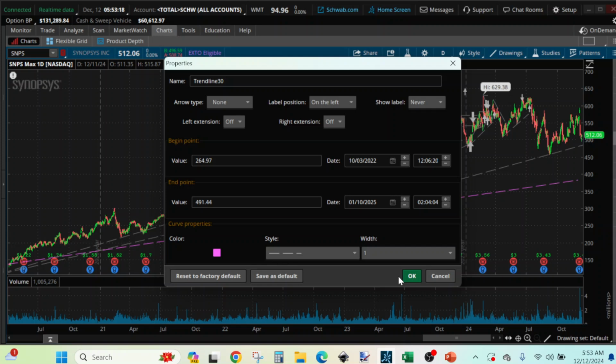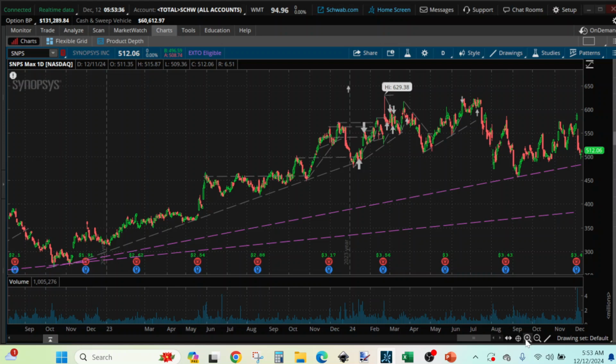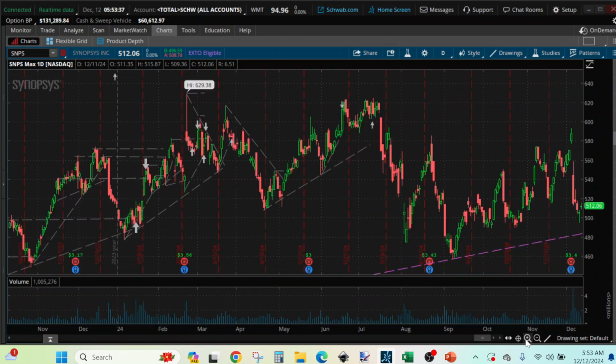Now let's go back to the maximum daily chart. Ooh, okay, so that is the line. But frankly, this is so jittery. Like, there's so much zigzag going on here. The highest point was in February.